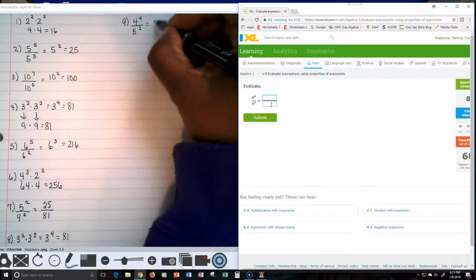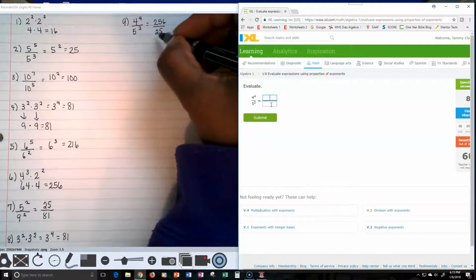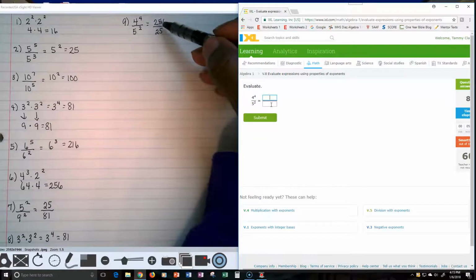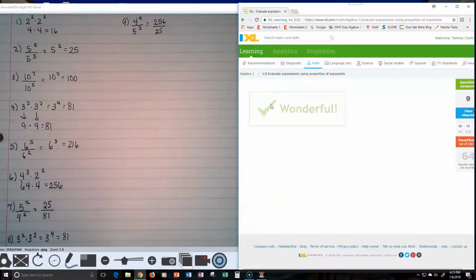No, I was wrong, it's 256 divided by 25. Well, the factors of 25 are 1, 5, and 25, and none of those go into 256. So our answer would be 256 divided by 25.